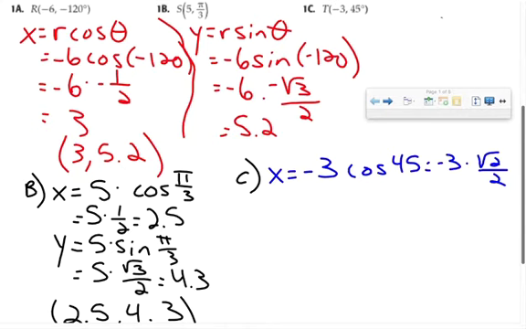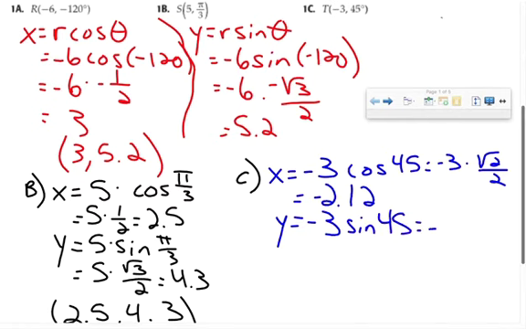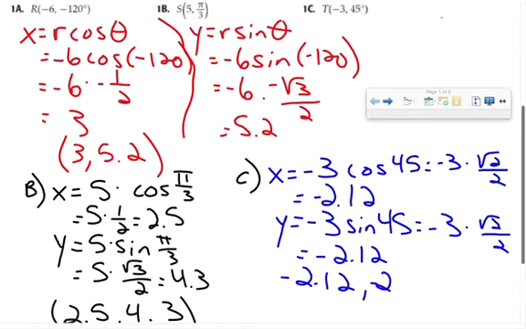So -3 times the square root of 2 divided by 2 is -2.12. My y-coordinate will be -3 times the sine of 45, which is also radical 2 over 2. So I'll have the same y-coordinate. So this point is -2.12, -2.12.